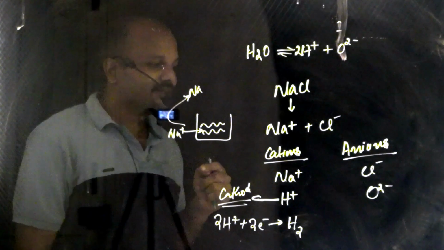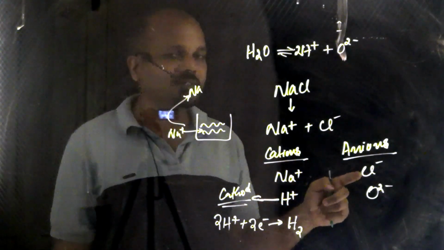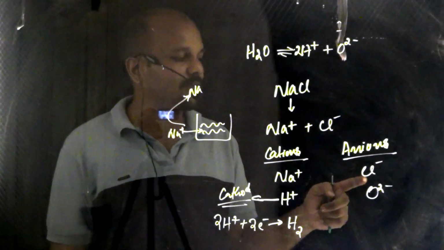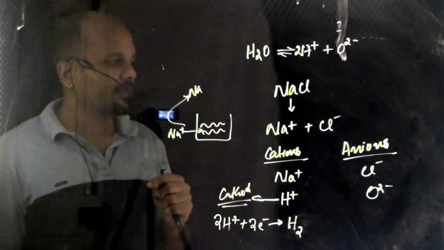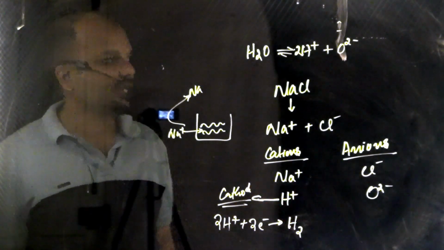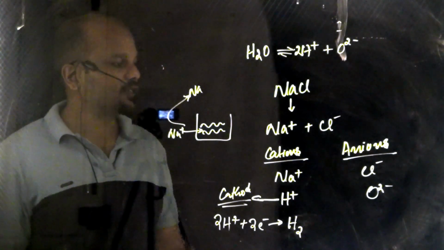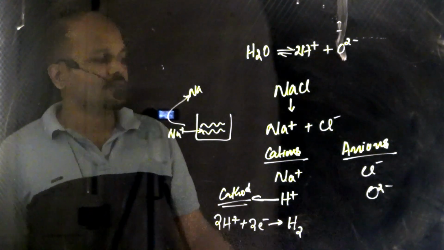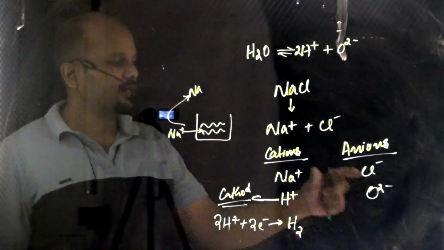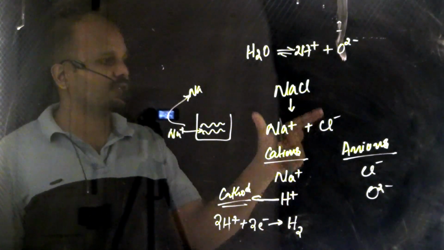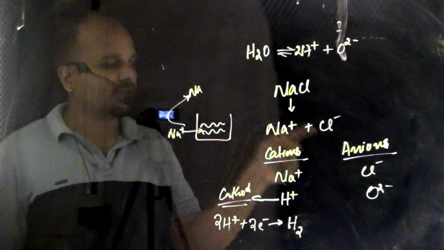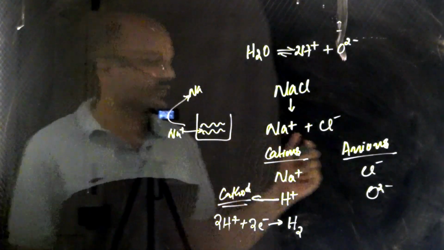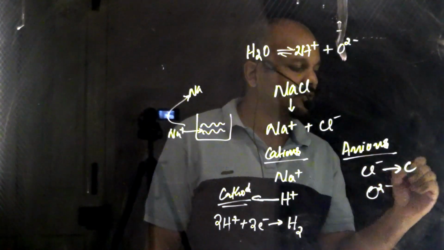And for the anions, there are two anions, Cl- and O2-. When it is a sodium chloride solution, just remember only one thing. If it is a concentrated solution, then Cl2 will form.